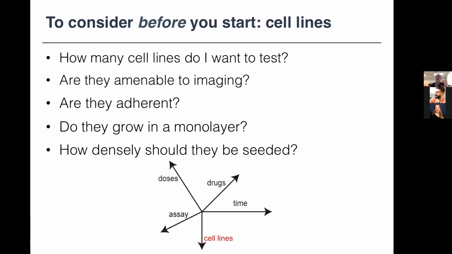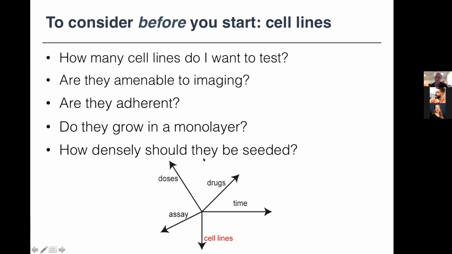Cells, obviously, that grow on top of each other and clump are difficult to segment. There are things you can do to make those cells a little bit more amenable to these assays. But typically, what we work with most easily are cells that grow well in monolayers on tissue culture plastic.